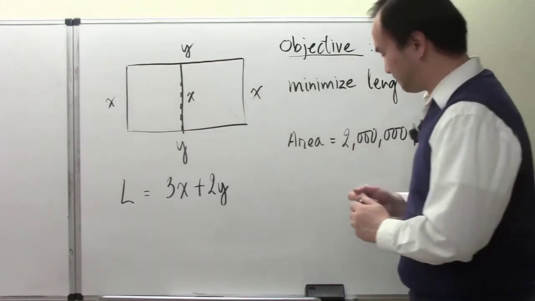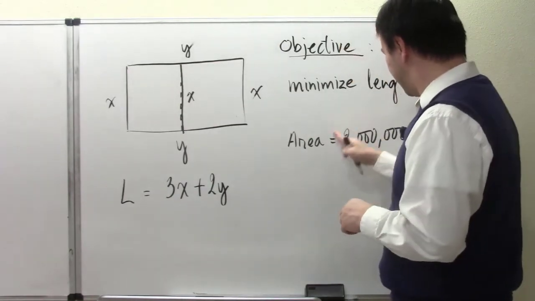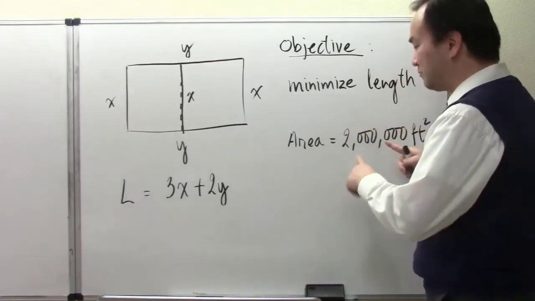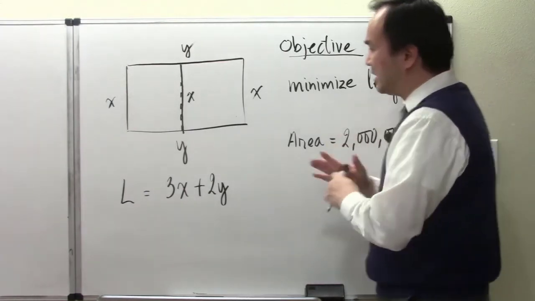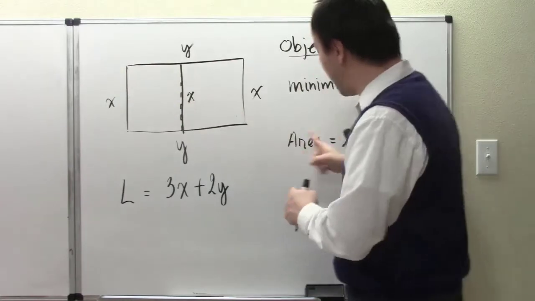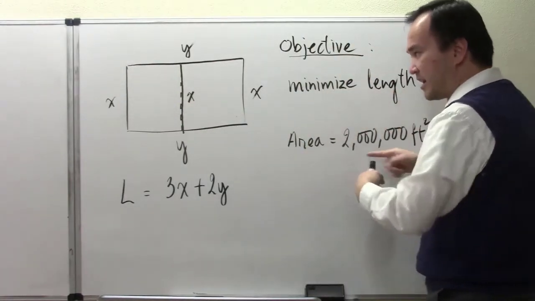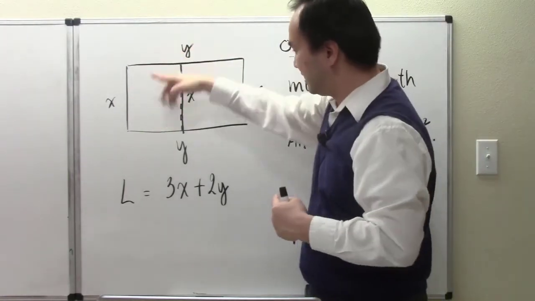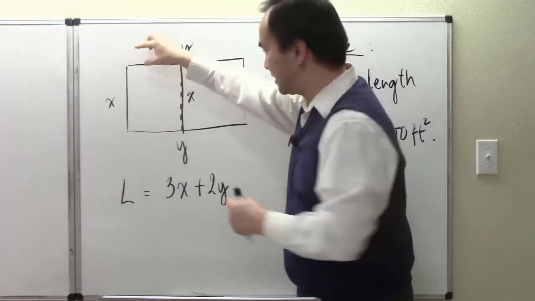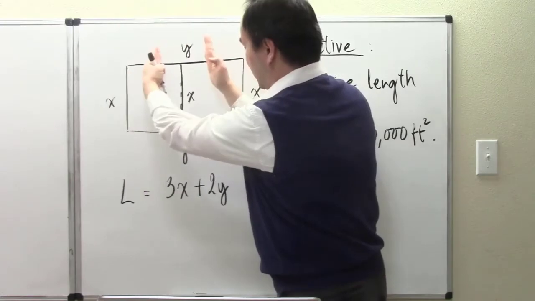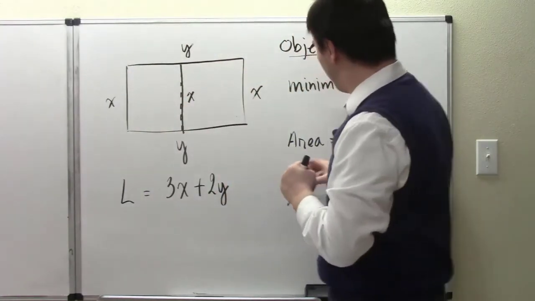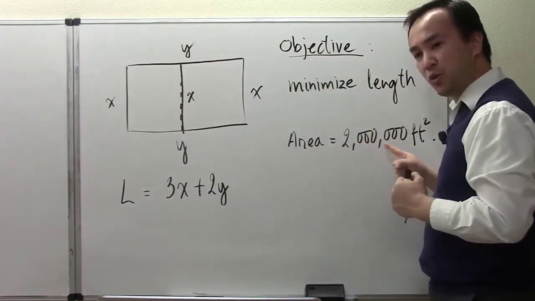So here's the thing. The intention of the problem is that we want to always maintain exactly that amount of area inside of this fence. We can adjust the length here and adjust the width there, but we have to maintain 2 million square feet.